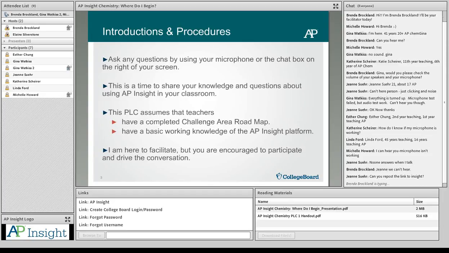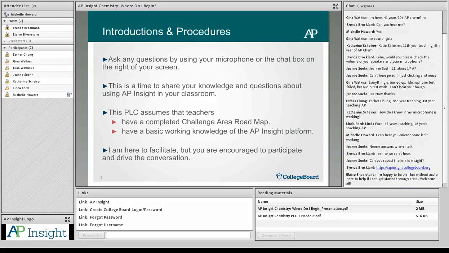You do want to double check that you have logged into the AP Insight website and also taken the opportunity to download the information that is down in the reading materials area. We're going to assume that you guys have some information with respect to the challenge area roadmap, and you're feeling pretty comfortable with getting a handle on the platform, okay?